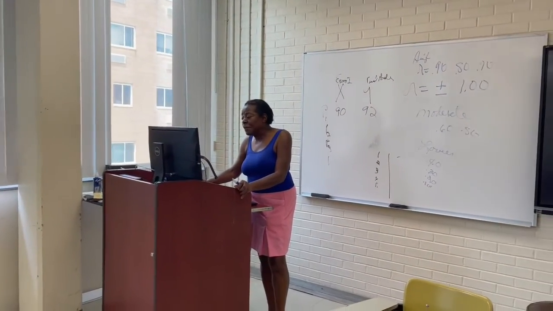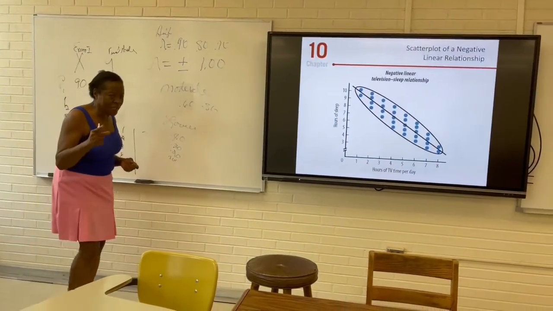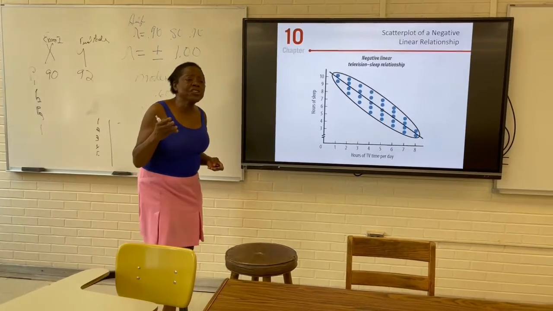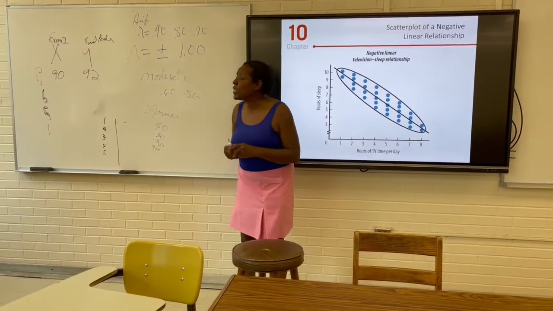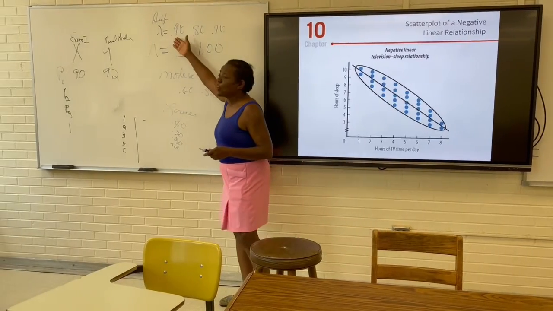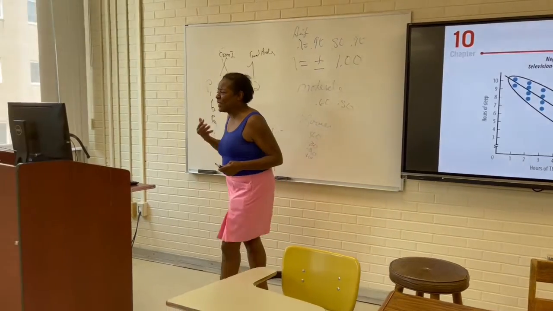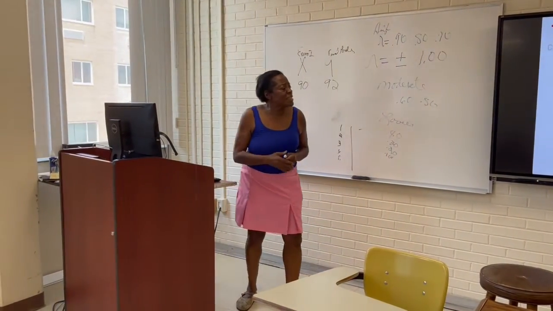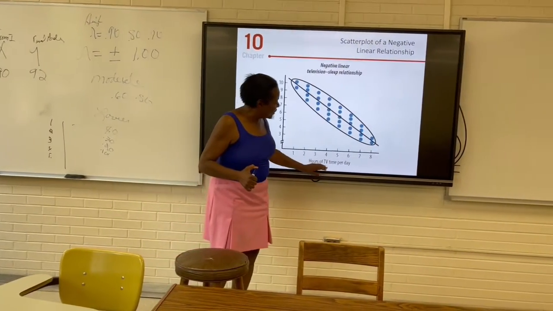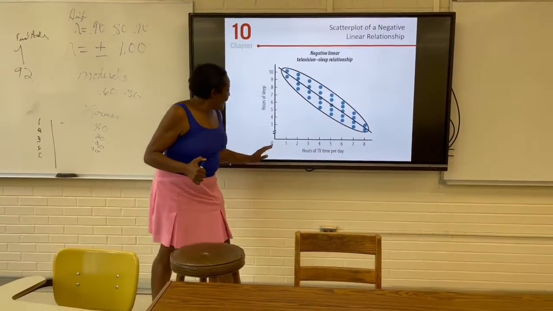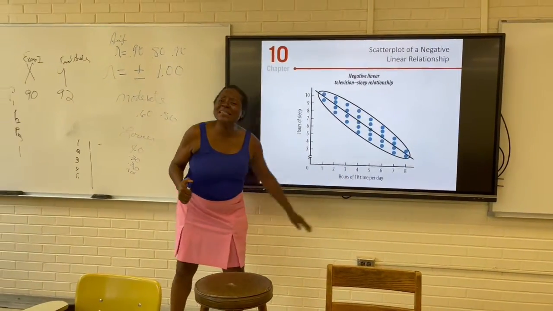But there could be a negative relationship. Now, what do I mean by a negative relationship? Again, I told you that correlation gives us the direction of the relationship, and it also gives us the value of the coefficient. A negative relationship means that as variable X is increasing, hours watching TV per day, what is decreasing?